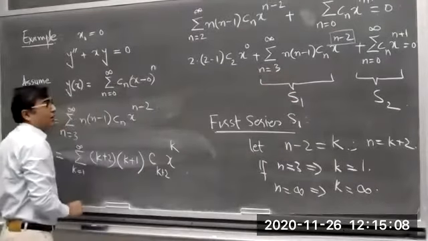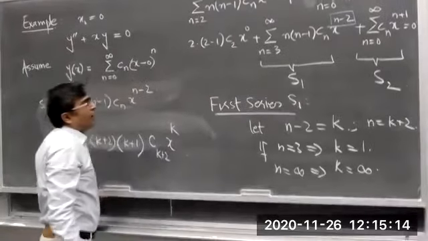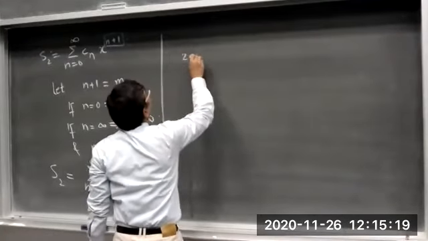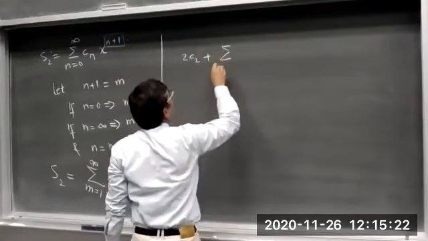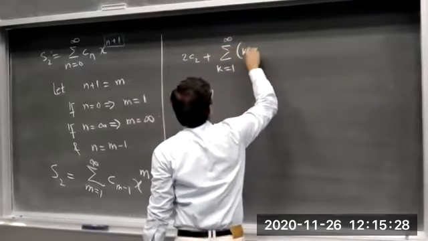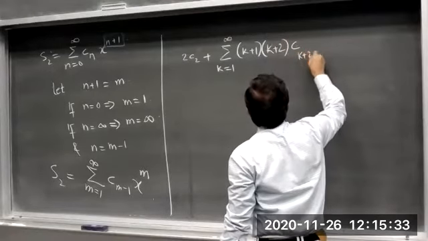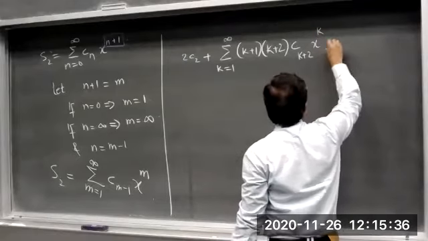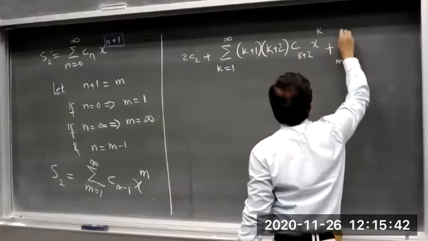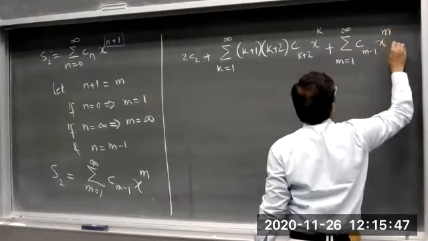If we use these two new transformed series here, we can write 2c2 plus summation k from 1 to infinity, k plus 1, k plus 2 times c k plus 2 x power k plus, now this one S2 is summation m from 1 to infinity c m minus 1 x raised power m equal to 0.